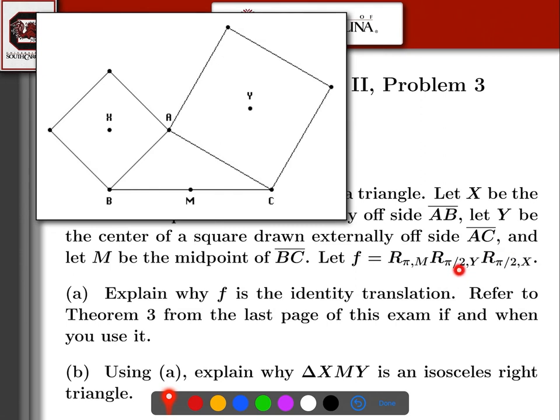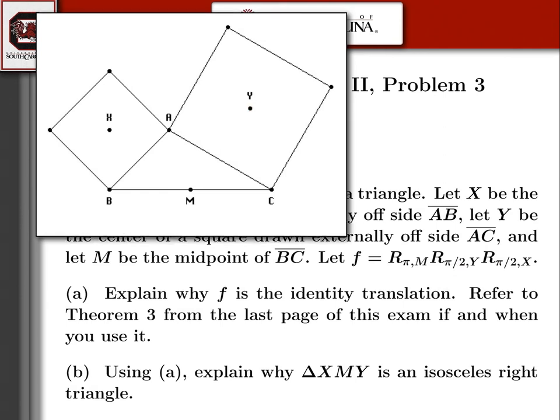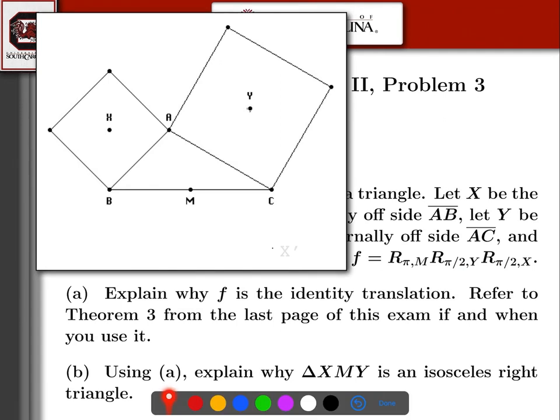Now what happens with Y? We want to rotate X around Y by pi halves. Let's say that goes to X prime. So I've rotated X around Y by pi halves. And now what I know is after I do the next rotation, I have to be back at X because F takes every point to itself.